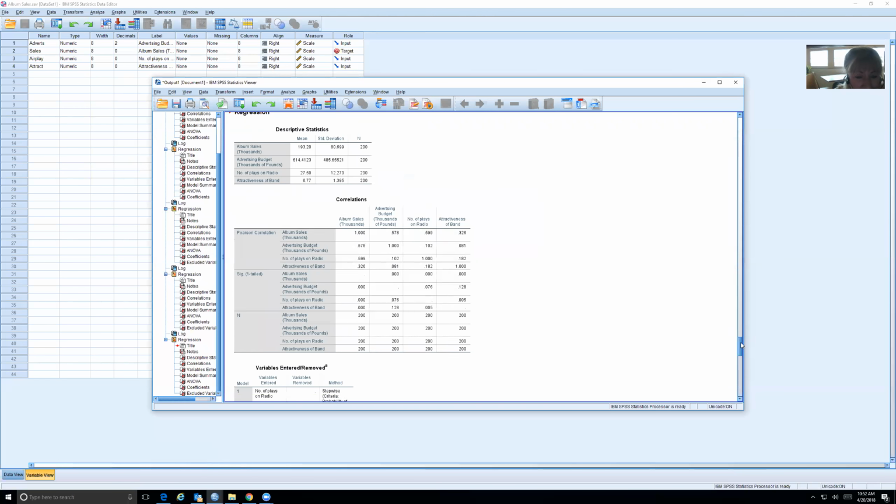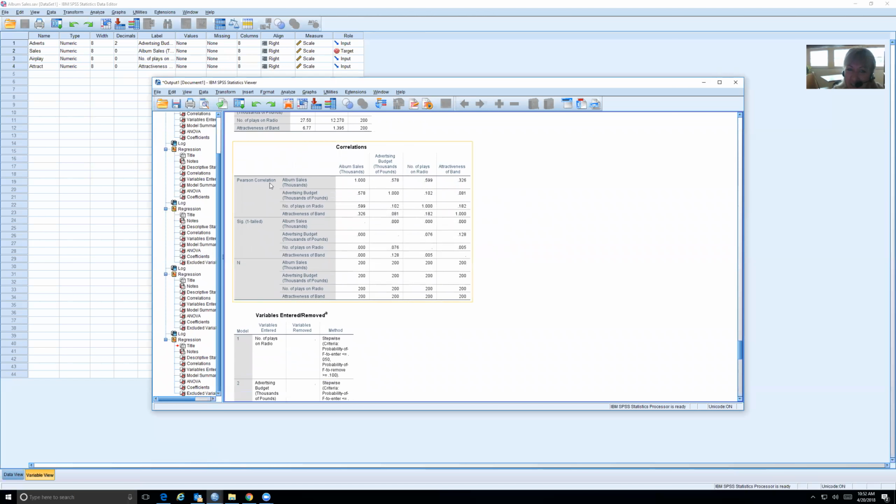Then we come on down here. Here are our correlations, and I just want you to notice this. Album sales, this is how correlated they are to the advertising budget, 0.578. That's good, that's high. Even higher for number of plays on the radio, 0.599. And they are also correlated to the attractiveness of the band, 0.326.